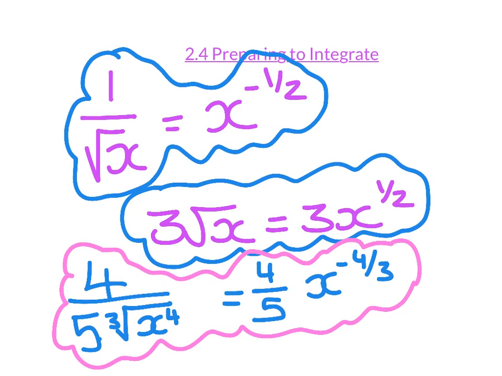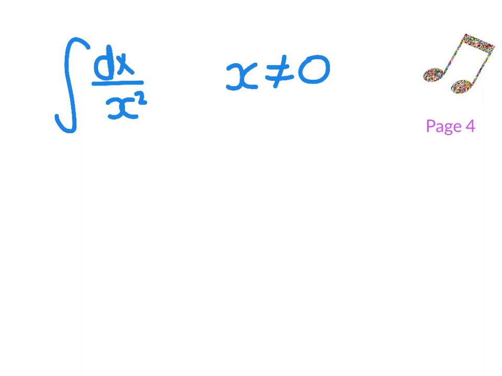So we're going to go straight to our notes, page 4. The first example asks us to integrate 1 over x squared. Now it's written in a strange way, but what you see there is the same as 1 over x squared dx.